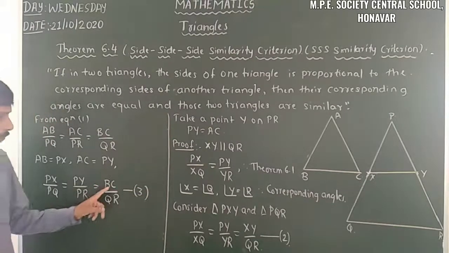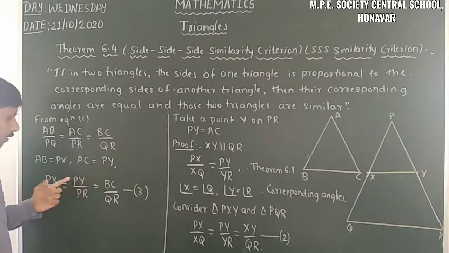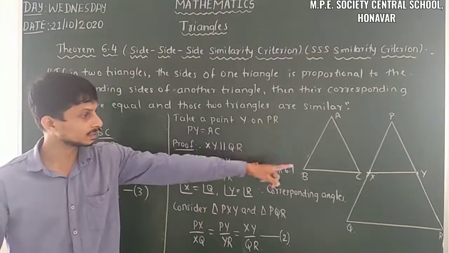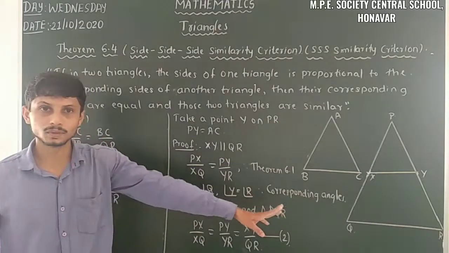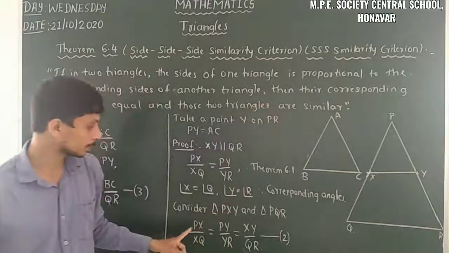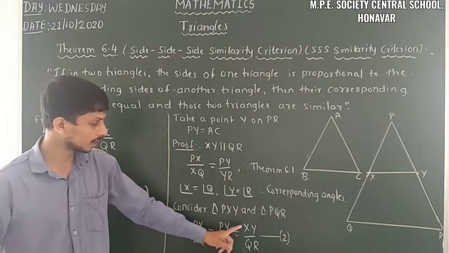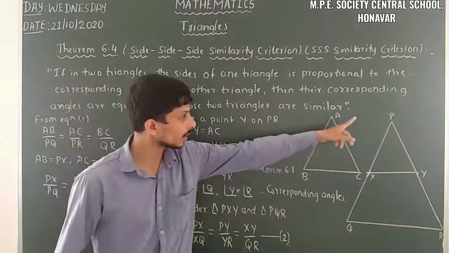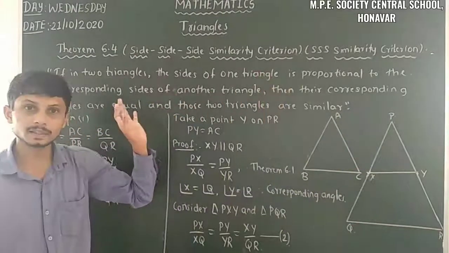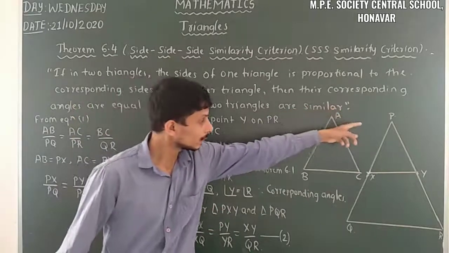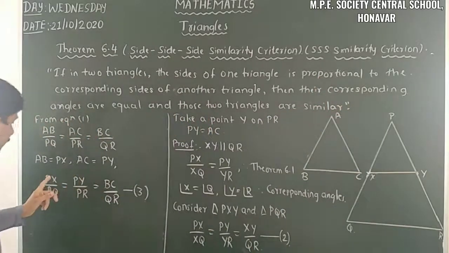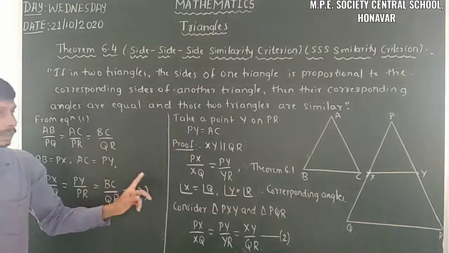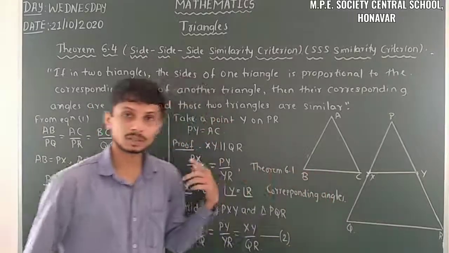Here just observe BC by QR, and there are some changes when we consider the triangles PXY and PQR. When we consider theorem 6.1, we have PX by XQ, PY by YR and XY by QR. When we consider triangles PXY and PQR completely, we have PX by PQ, PY by PR is equal to BC by QR.